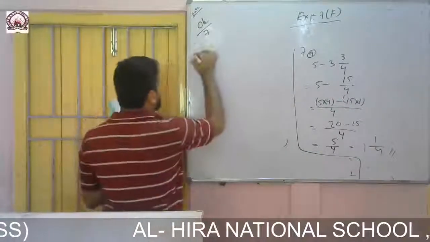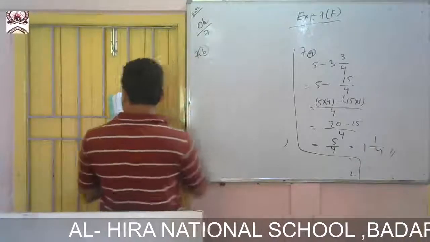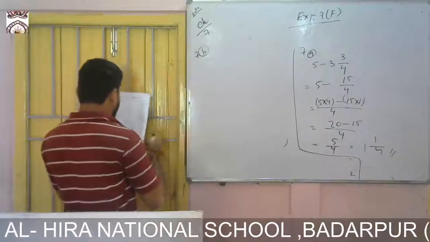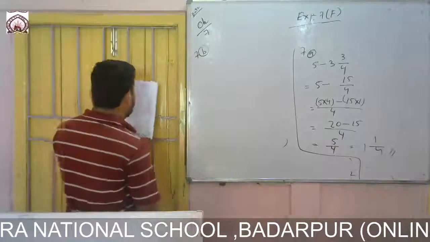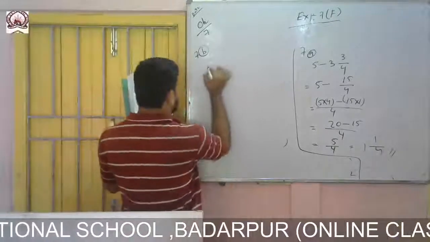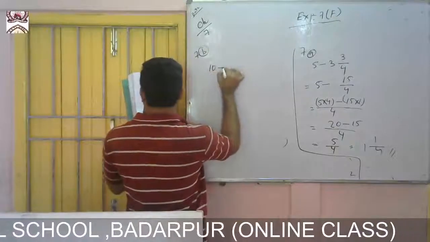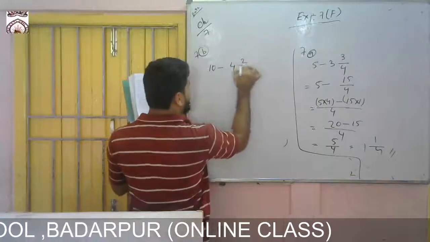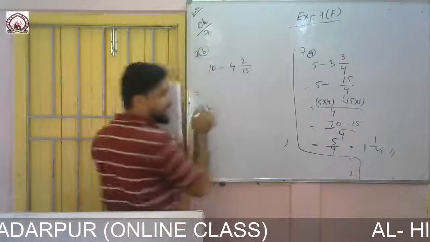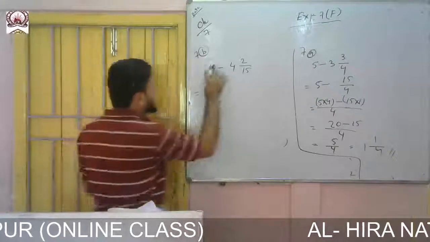7B, what is there? You see, 10 minus 4 2 by 15.